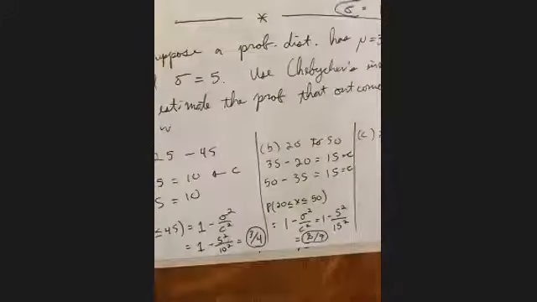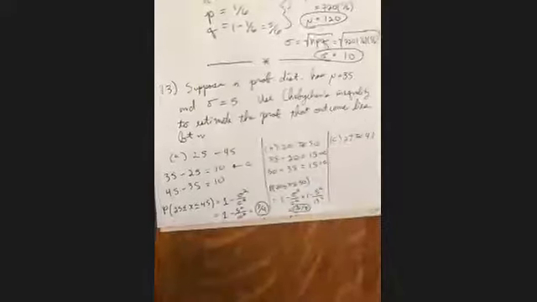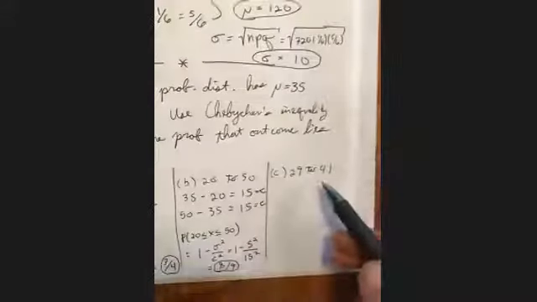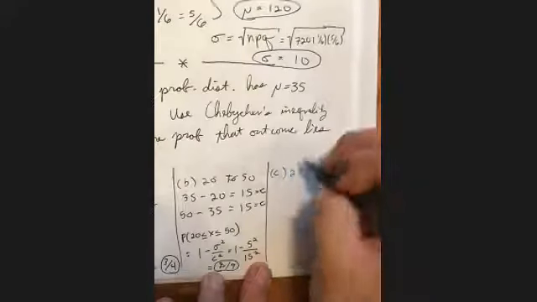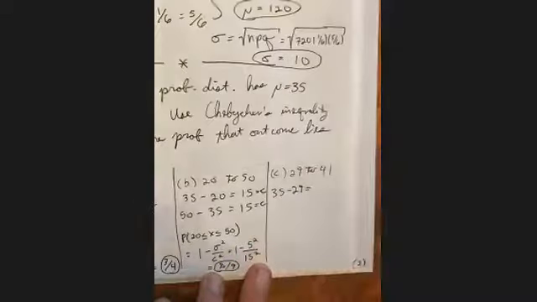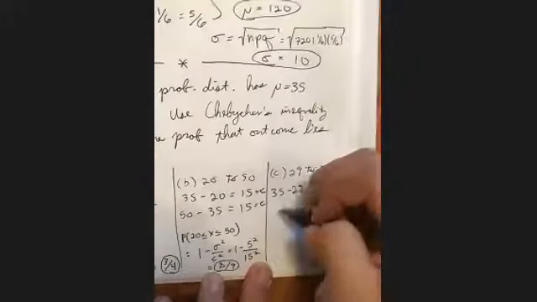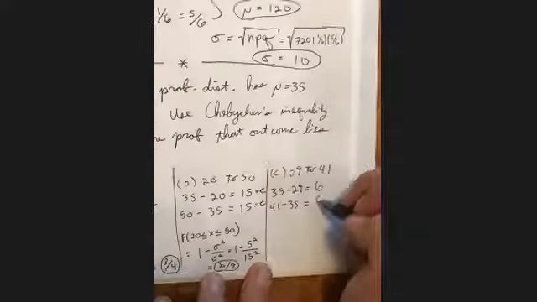Okay, and then we'll do the last one. Now we're doing 29 to 41. So you look again at the difference between these values and your mean. So 35 minus 29 is 6. 41 minus 35 is also 6.